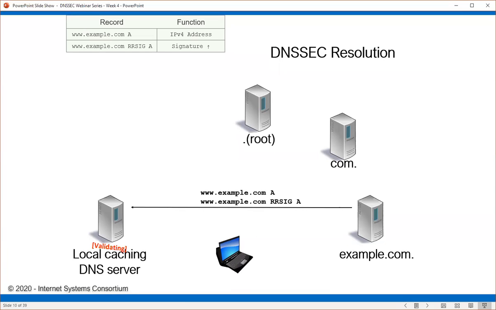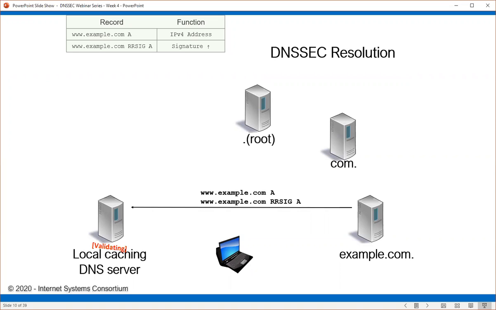So the example.com server responds and says, yes, I have the www.example.com A record, and since you set the DO bit, I'm also going to return the resource record signature that covers the A resource record RRset.